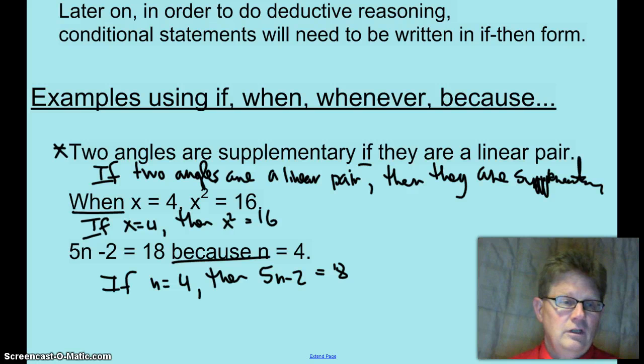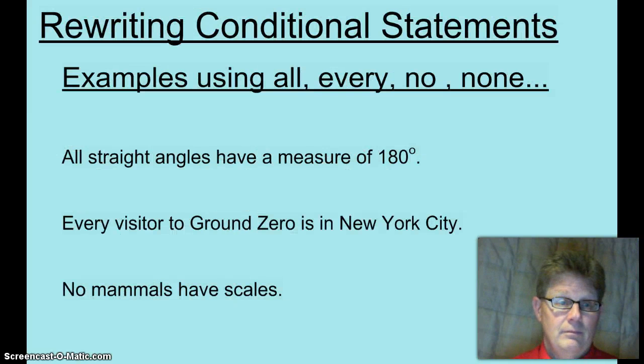Now there are some other conditional statements that don't even have an if or a because or anything like that. Let me show you. All straight angles have a measure of 180 degrees. All or every. This is the way you're going to do it. If. What are we talking about here? Angles.